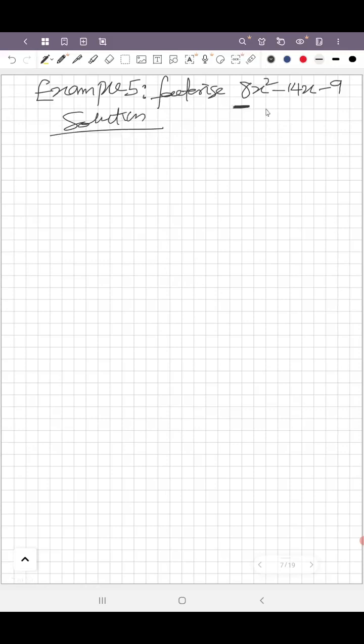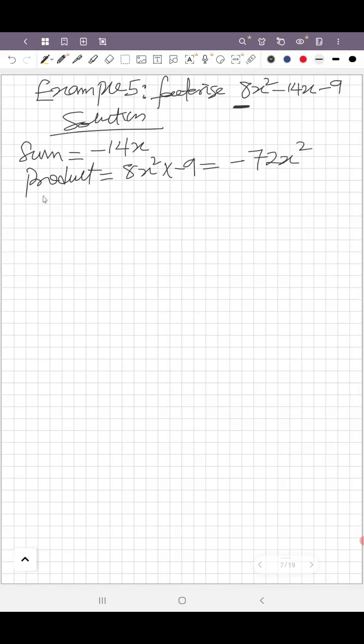In factorizing this, the first thing we have is the sum to be minus 14x. And we have the product. Please don't forget these two factors. And what is the product? It's 8x squared multiplied by minus 9, which is minus 72x squared.